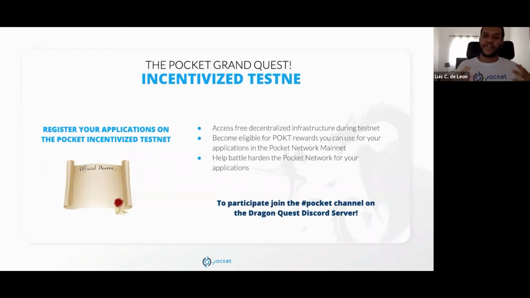Then you can also help battle-harden the Pocket Network for mainnet to make sure that we're all running the best decentralized infrastructure network that is available for any developer. In order to participate, all you have to do is join the Pocket channel in the Dragon Quest Discord server, and you're automatically participating.